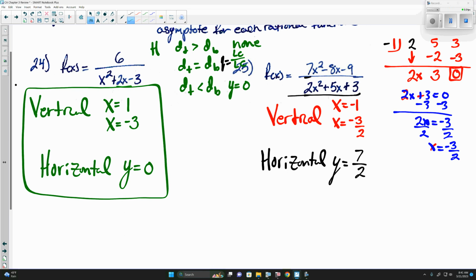So we'd have 7 over 2. Vertical asymptotes are going to be x equals something, if we do have them. Horizontal is going to be y equals. And even with slant, we will still have y equals that equation. Questions on 24 or 25?